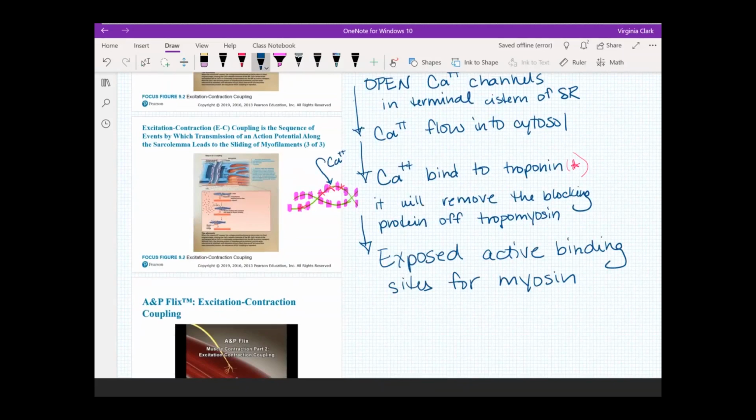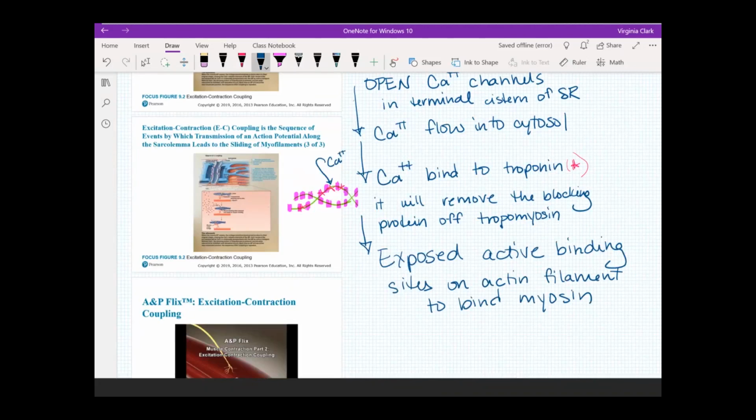So we have exposed the active binding sites for our myosin, and that means we're exposing it on our actin. So I'm just going to say that a little bit differently: exposed the active binding sites on our actin filament to bind myosin.